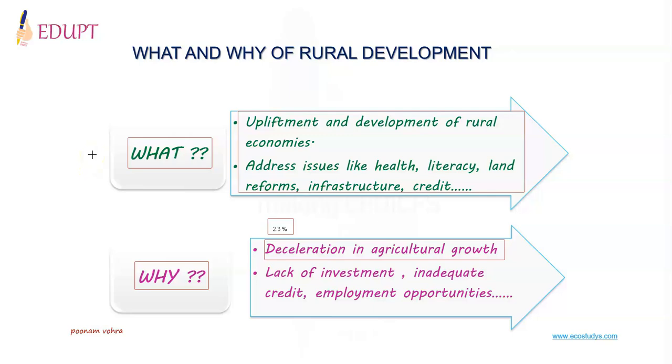About 2/3 of India's population depends upon agriculture. With increasing population, demand for basic needs has been sharply rising.